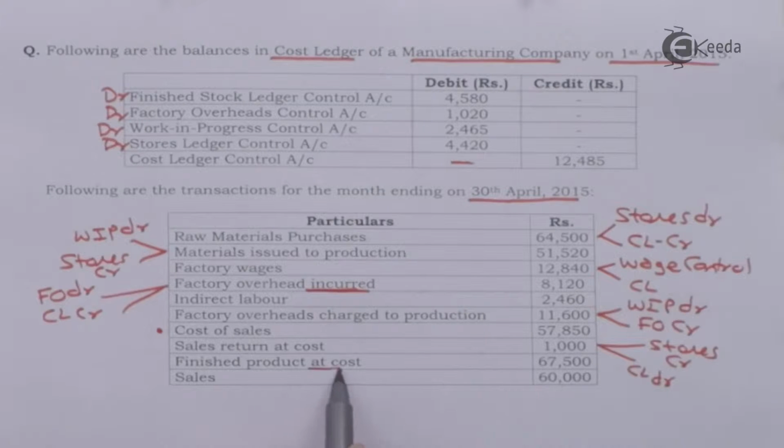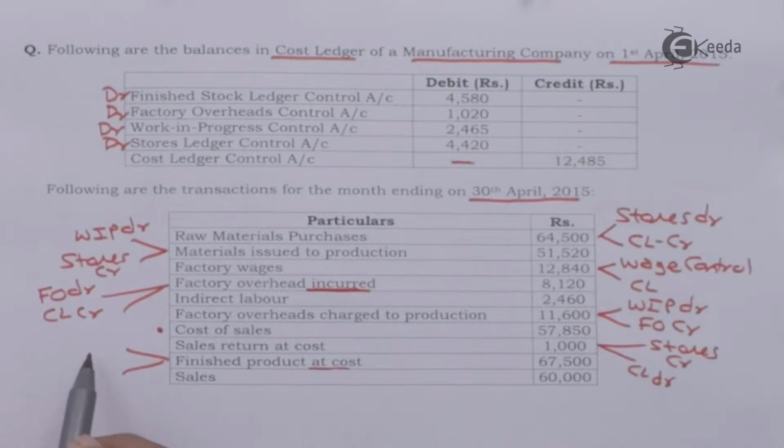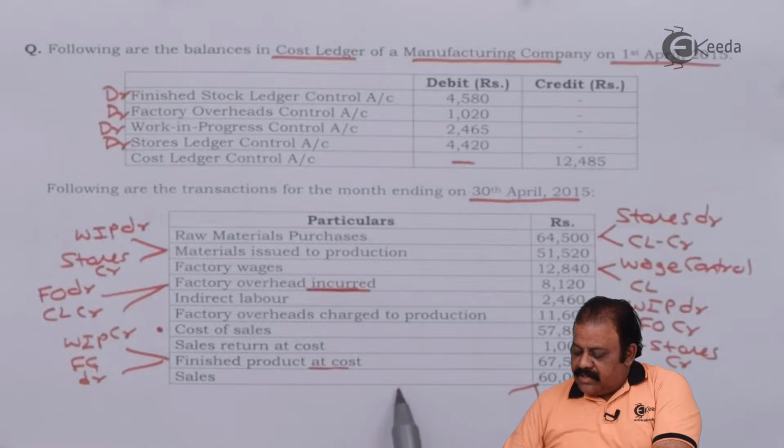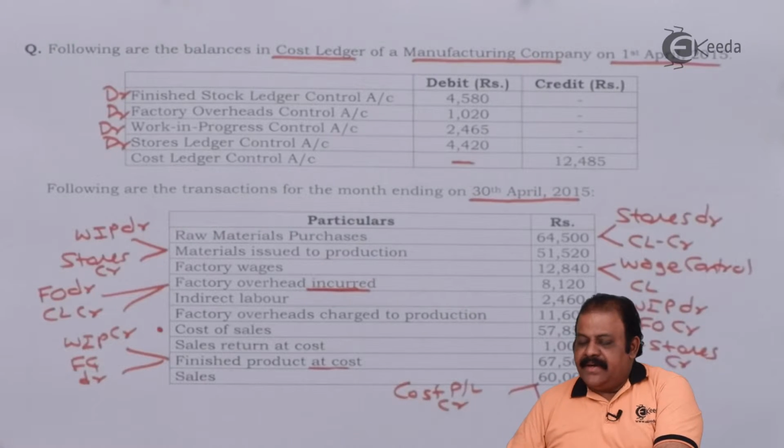Finished product at cost, work in progress credit, finished goods debit. Sales 60,000, costing profit and loss account credit, cost ledger debit.